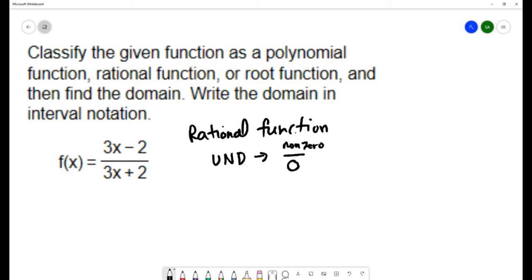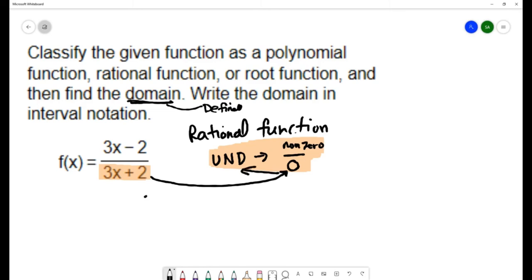When we're finding domain, we're looking for where it is defined. So it's going to be good for us to figure out where the function is undefined. So to do that, we're going to take this expression that's in the denominator, and we're going to force it to be that 0 that makes it undefined.